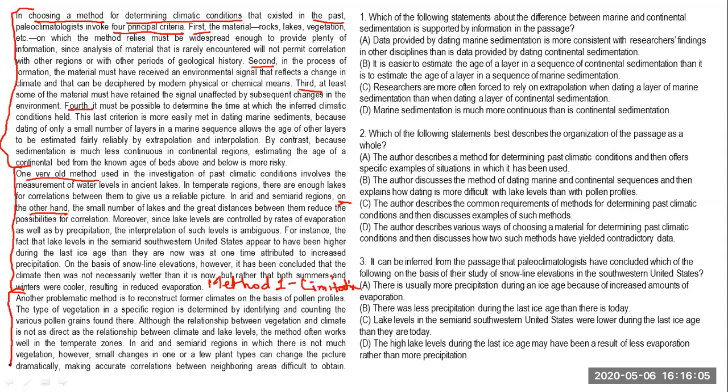And paragraph 3 talks about the second method and the problems associated with it, its limitations. So the first method is, by the way, measuring the water levels in ancient lakes. That's method 1. And pollen profiles is method 2 for determining past climatic conditions. Okay.